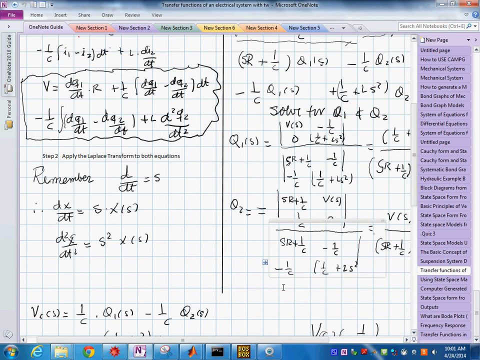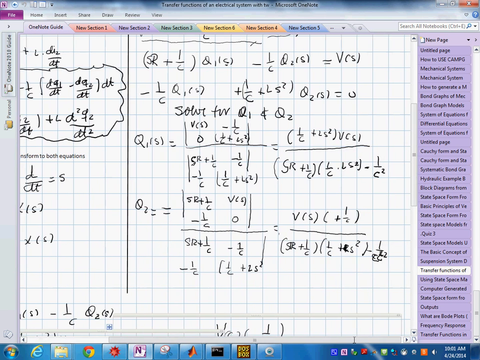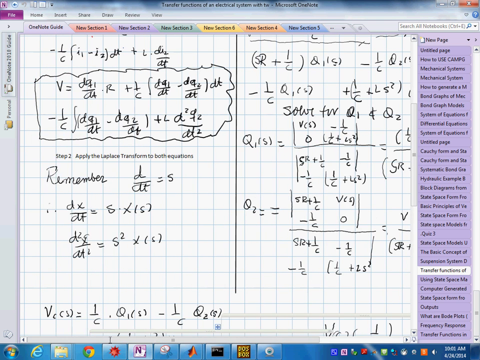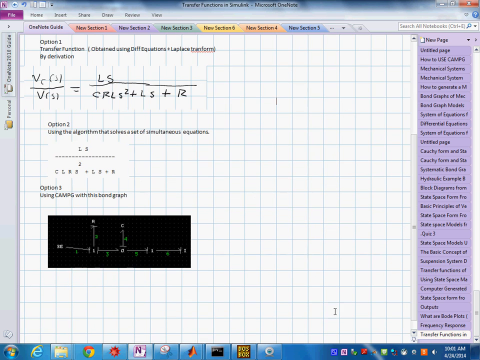See these ones? I had given you an algorithm that you can use as a template to solve any set of simultaneous algebraic equations in the S domain to obtain the transfer functions.